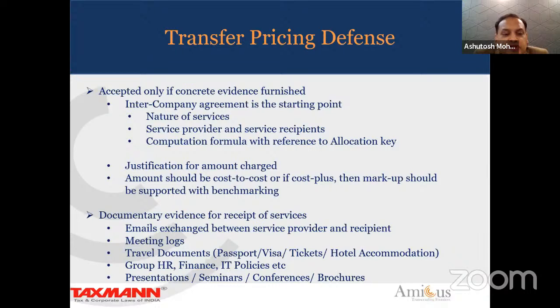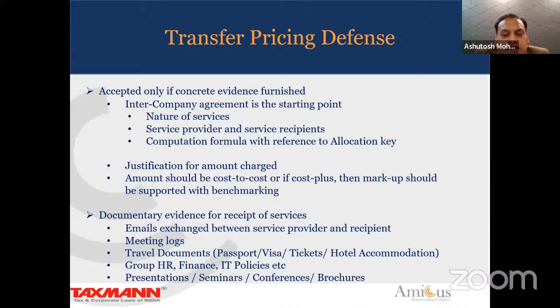The management charge, in some cases, they may choose to do a cost-to-cost charge, but most of the time the charge for management services, intra-group services, is a cost-plus charge. So the company will first compute its centralized cost for providing these services to the different associated enterprises.